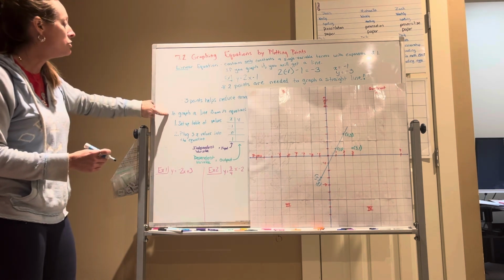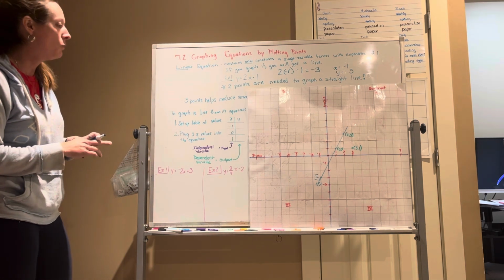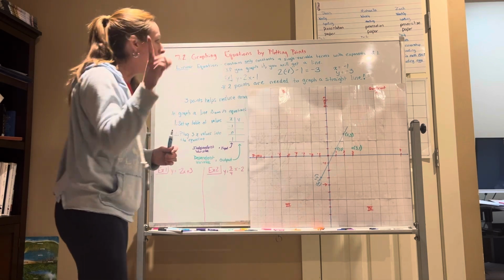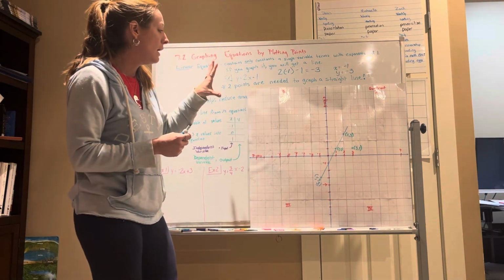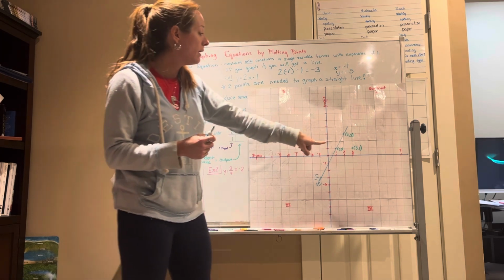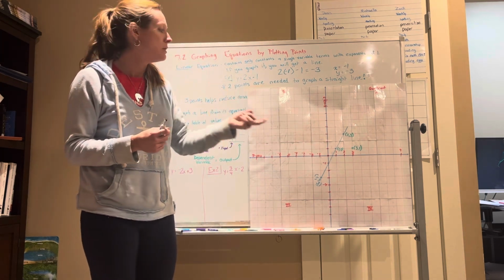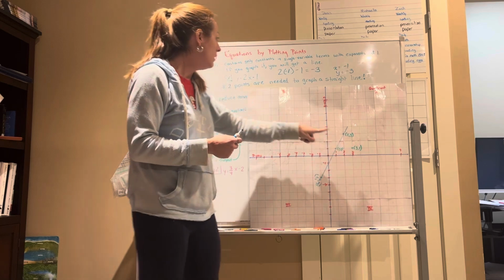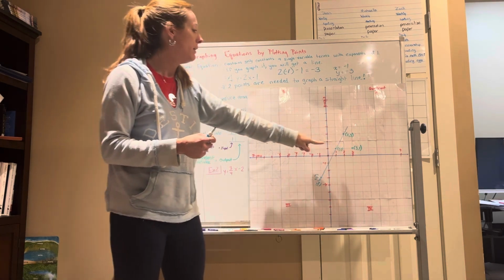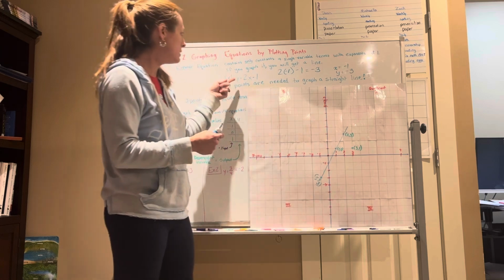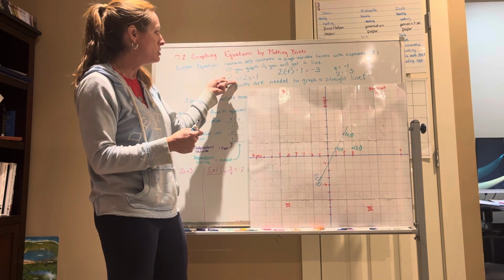Oh, I forgot to mention one thing real quick. You can take a point, like if they ask you, is 3, 1 a valid point for this function, y equals 2x minus 1?